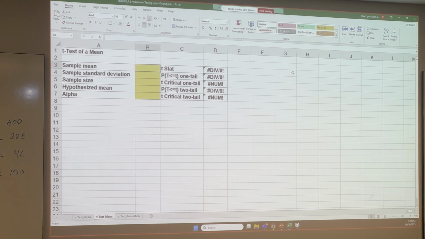Then put in the numbers: standard deviation 100, sample size 96, hypothesized mean 400, alpha 0.05. Sorry, sample mean 385.